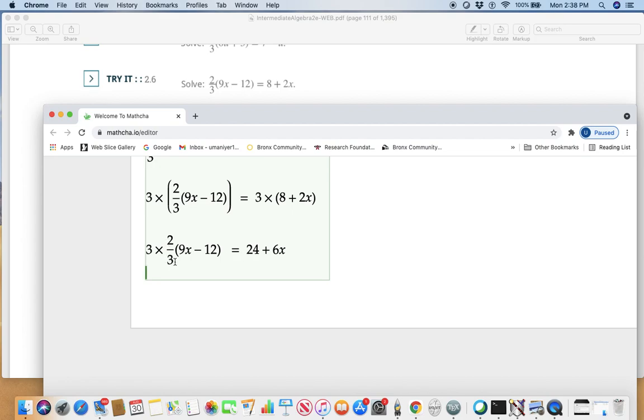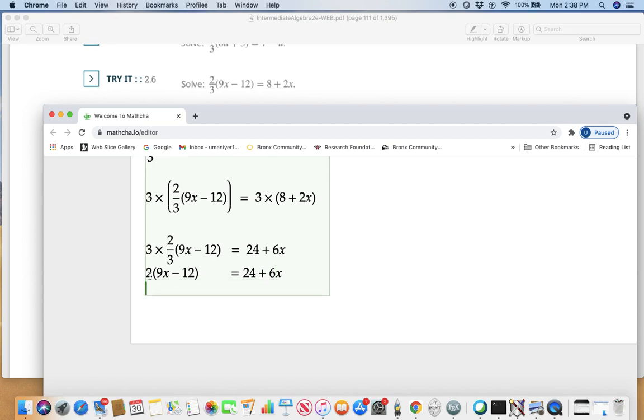When I multiply this, the denominator 3 cancels this 3. I'm left with 2 times (9x minus 12) equals 24 plus 6x. Distribute: 18x minus 24 equals 24 plus 6x.